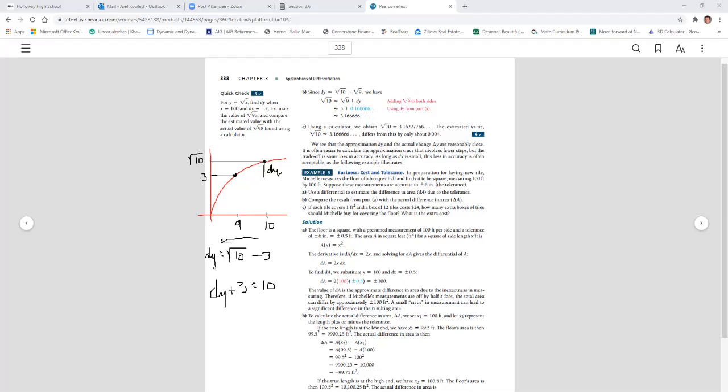And luckily, we were able to estimate dy, and we got 1/6. So 1/6 plus 3 is a very good approximation for the square root of 10.